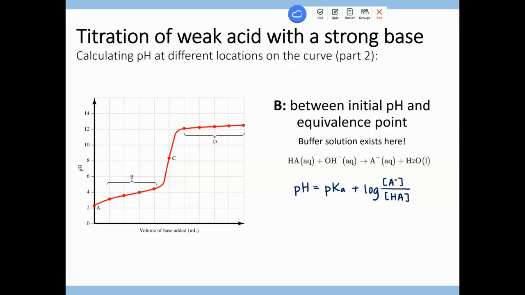We use that equation, but at this point, how would we know what A minus is?